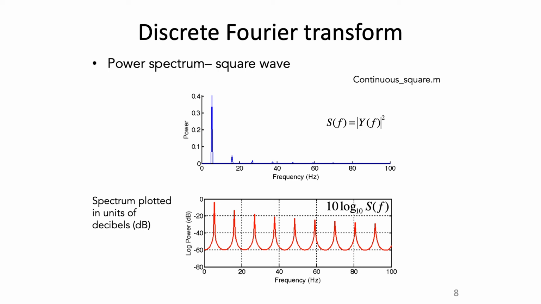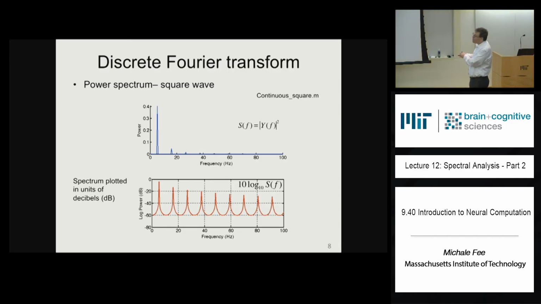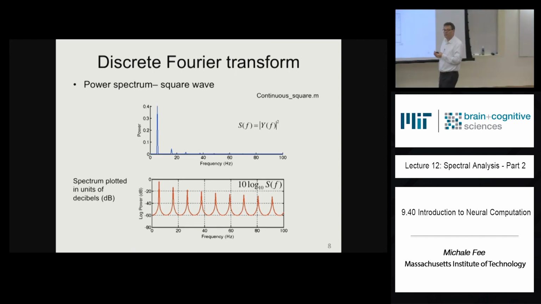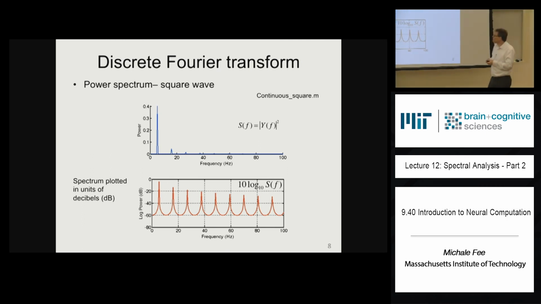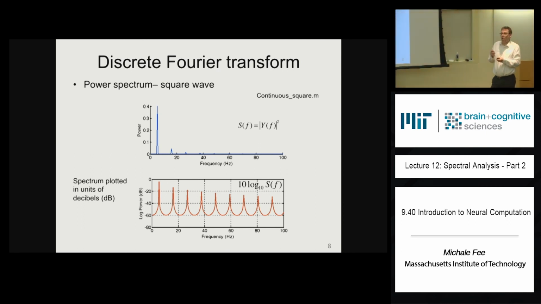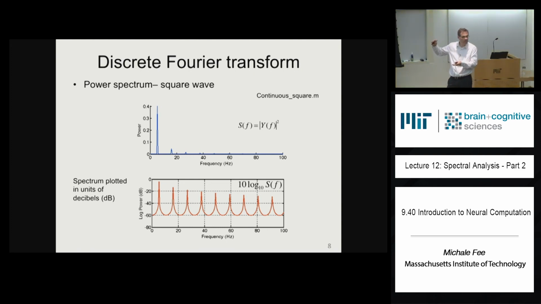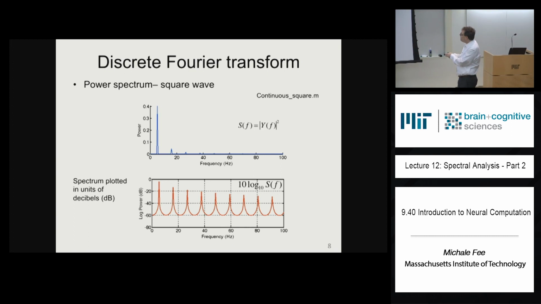A difference of an order of magnitude in two peaks corresponds to a unit called a bel, B-E-L. So 1 bel corresponds to a factor of 10 difference in power. So you can see this peak here is about 1 bel lower than that peak, right?